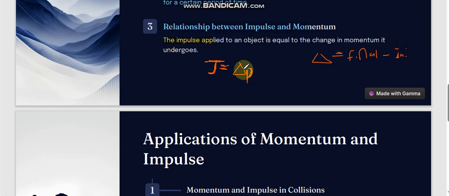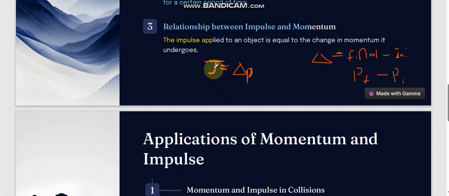So the change in momentum is the final momentum, pf, minus pi, which is the initial momentum. The f here stands for final, the i here stands for initial. So the relationship between the two is that the impulse is equal to the change in momentum.